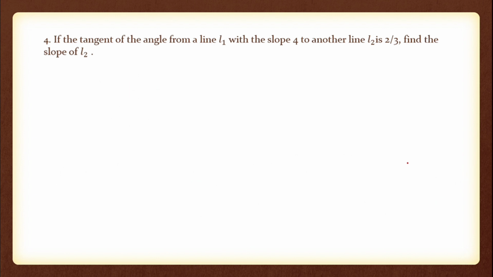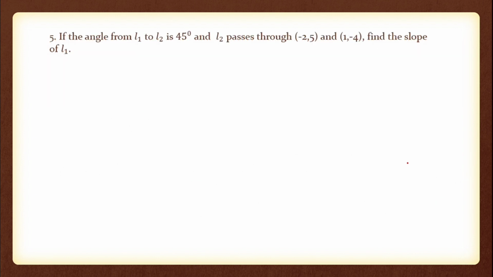Okay, so let's proceed with number 5. If the angle from line 1 to line 2 is 45 degrees and line 2 passes through (-2, 5) and (1, -4), find the slope of L2. So the formula is tangent theta equal to m2 minus m1 over 1 plus m2 m1. The given is 45 degrees, which is the theta.